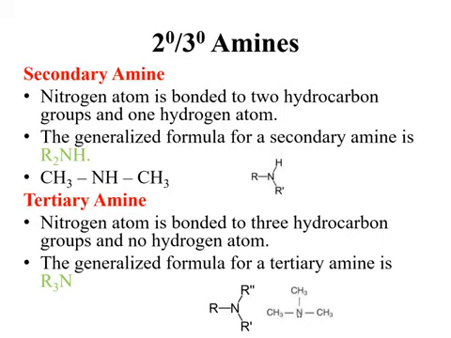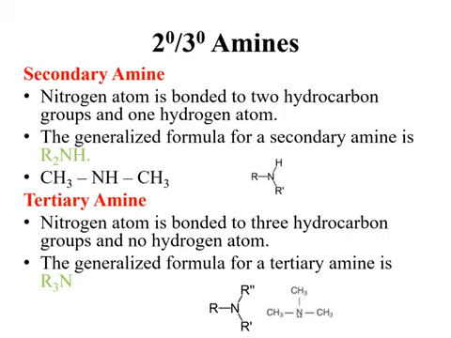dimethylamine, and you can see the open structure in which nitrogen is linked with two R groups. One of the R groups is a simple R group, and the other R group has a sign of prime, and the third bond of nitrogen is with hydrogen.